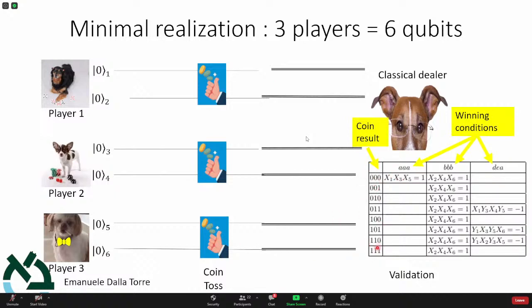Depending on the result of the coins, you will need to satisfy different relations. Either x1, x3, x5 is 1, and x2, x4, x6 is 1. This is if you get 0, 0, 0, or if you get 0, 0, 1. So you see the rules depend on the coins, and what makes the problems are these -1.